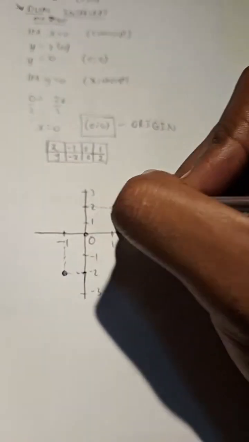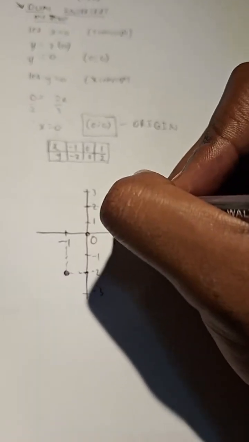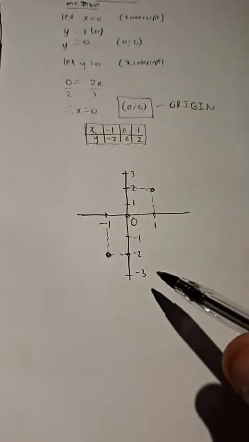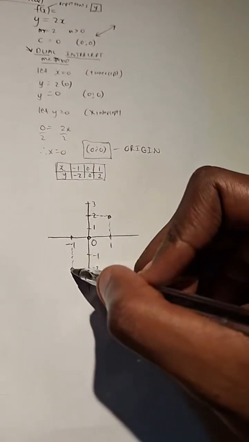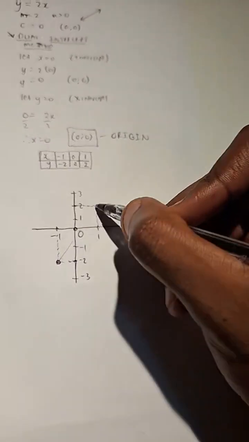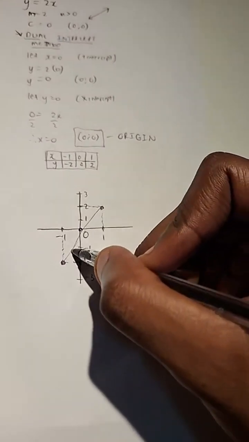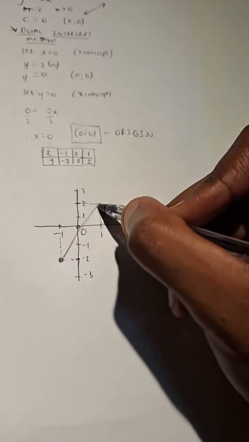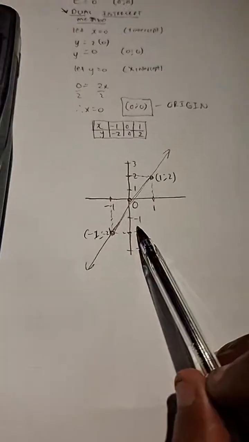Where do they meet? Horizontal and vertical, they meet right there. And all you do, guys, is take your ruler. Everything should be neat. Those points, they connect like that.